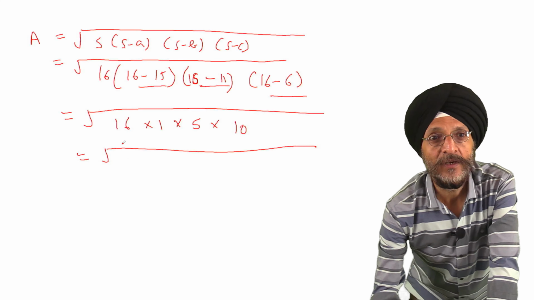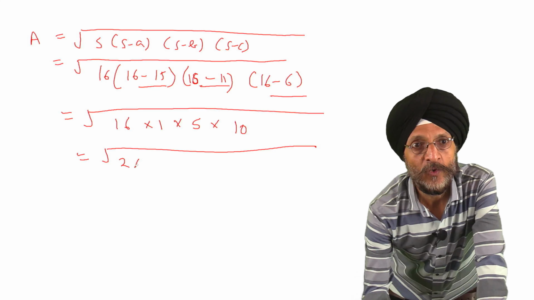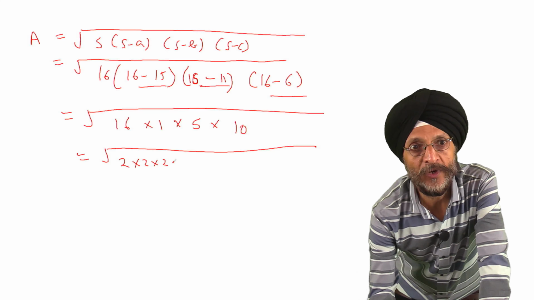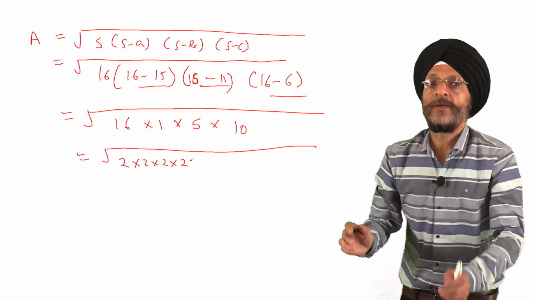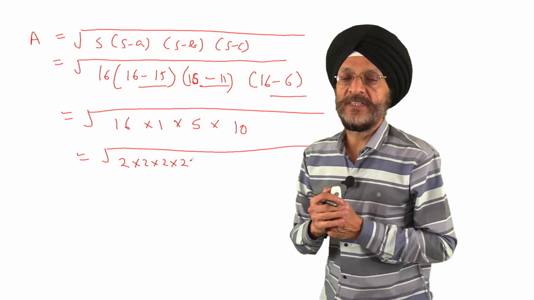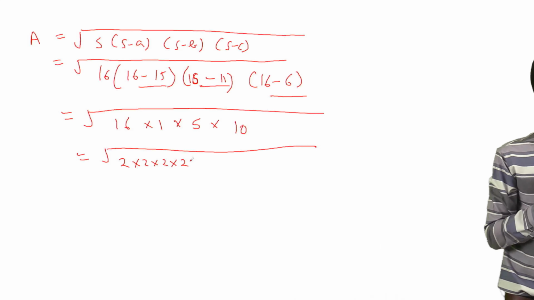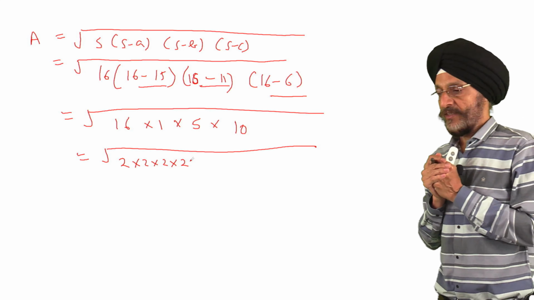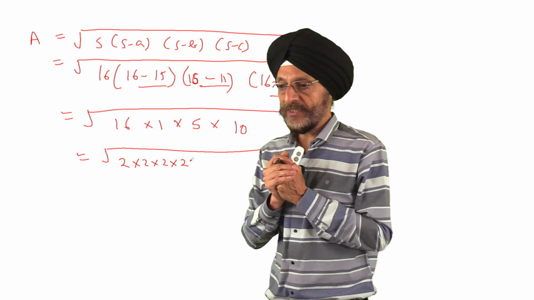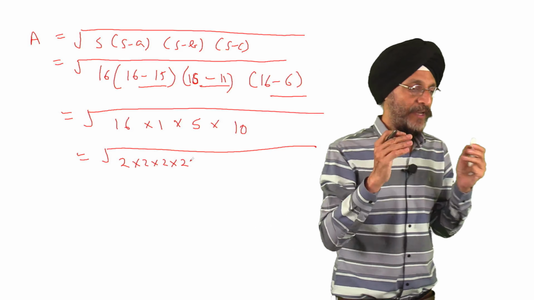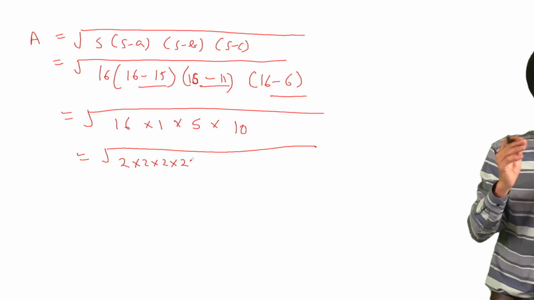We can write 16 as 2 into 2 into 2 into 2. We are doing prime factorization of 16. What is prime factorization? Prime factorization is the process in which we find out the prime numbers which when multiplied will give the original number.